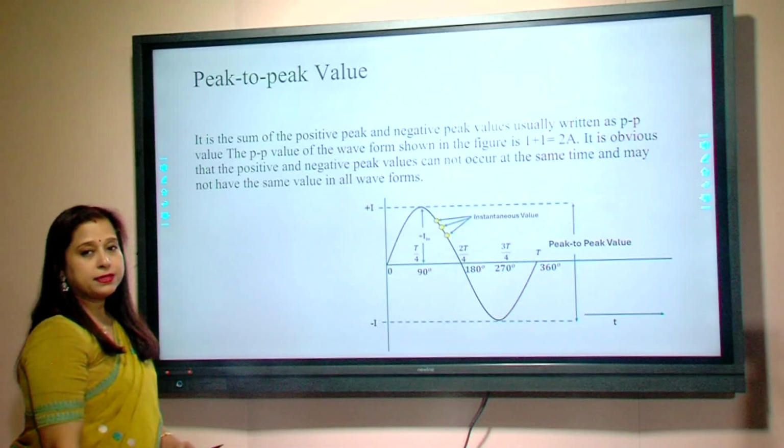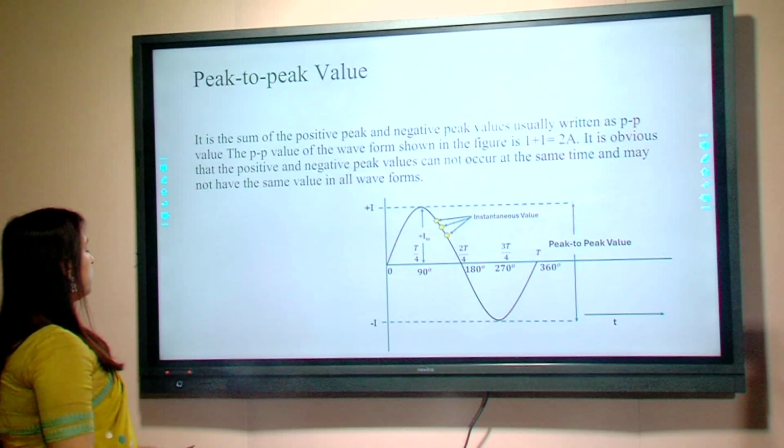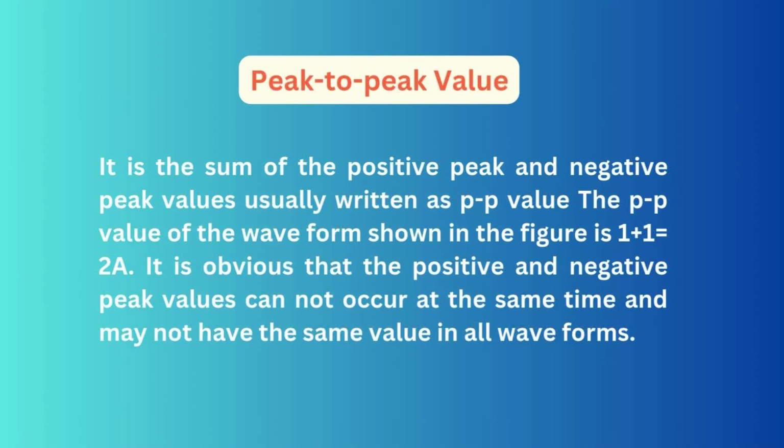The other parameter which is used in AC is the peak to peak value. Peak to peak value is the sum of positive peak and the negative peak values, usually written as PP value.